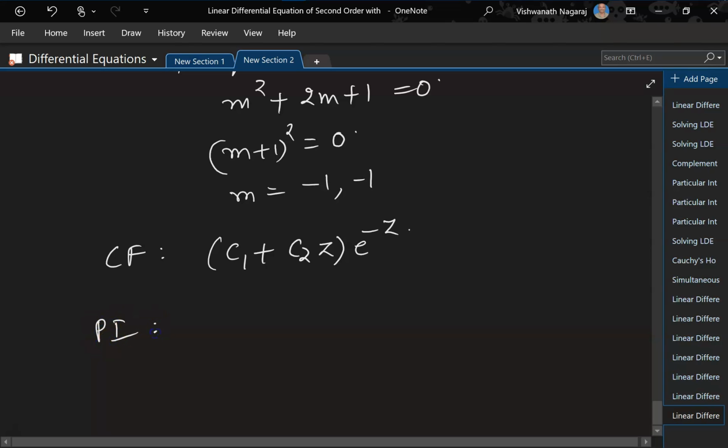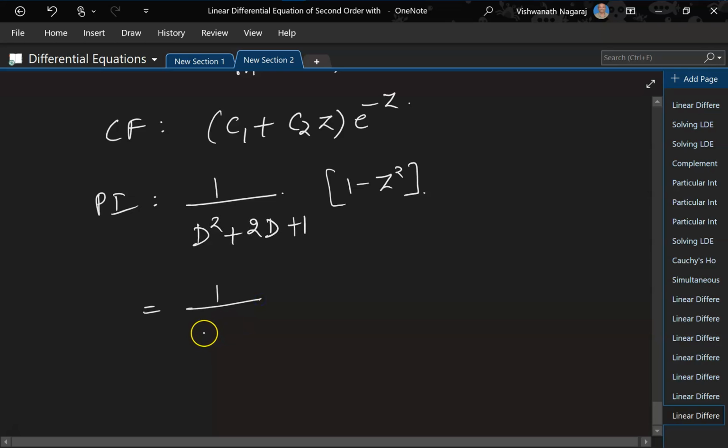Now, the particular integral would be what? 1 by (D² plus 2D plus 1) times (1 minus z²). This can be written as 1 by (1 plus D)², or let me write it in the numerator itself: (1 plus D) to the power of minus 2 times (1 minus z²).